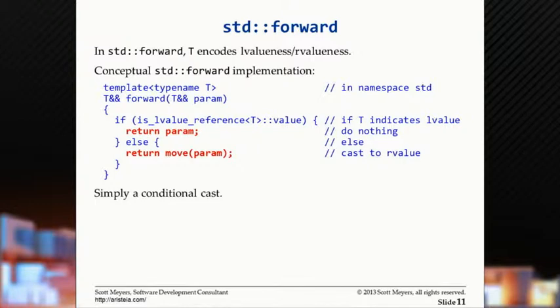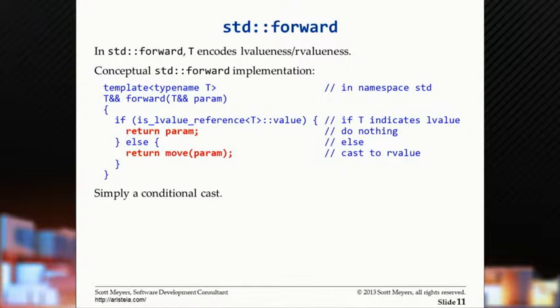But if it turns out it's not an L value reference, that's the way of encoding that it actually was an R value that was originally passed in. And under those conditions, notice that we then apply move to param. And we understand that what move does is simply cast it to be an R value. So we are going to either cast to an R value or not, depending on this encoding of whether the original argument that was passed in was an L value or an R value.